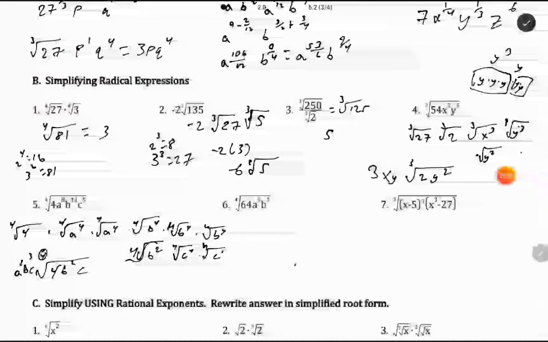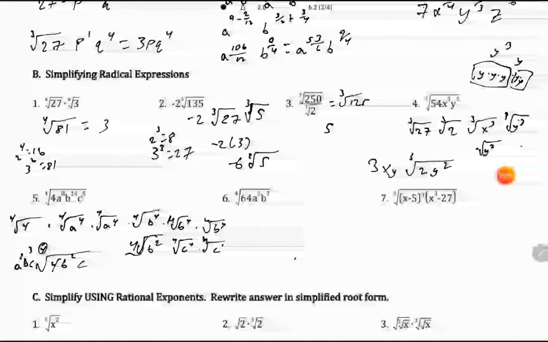Okay, number 6. 4th root of 64. So I'm going to clean this up a little bit simpler. So this is the 4th root of 16 times 4 times a to the 4th times a times b to the 4th times b cubed.